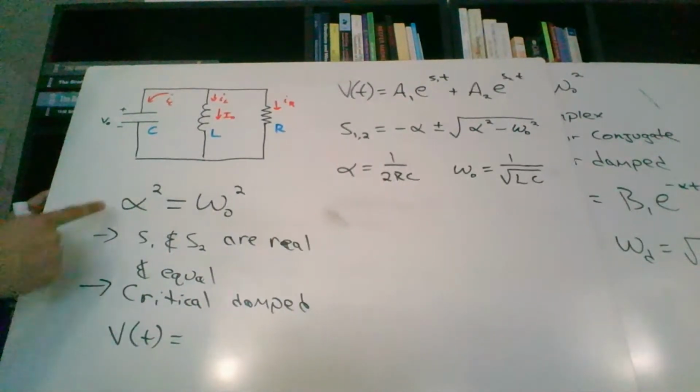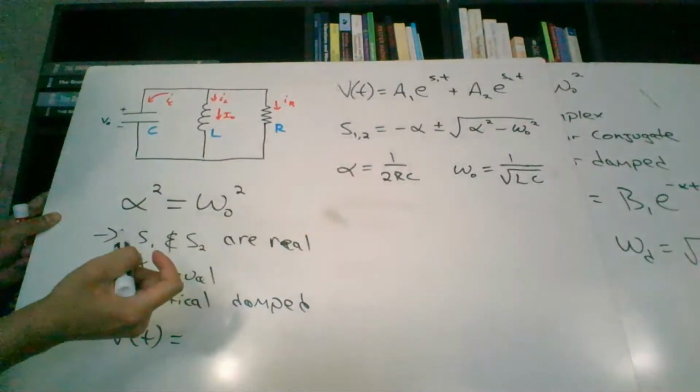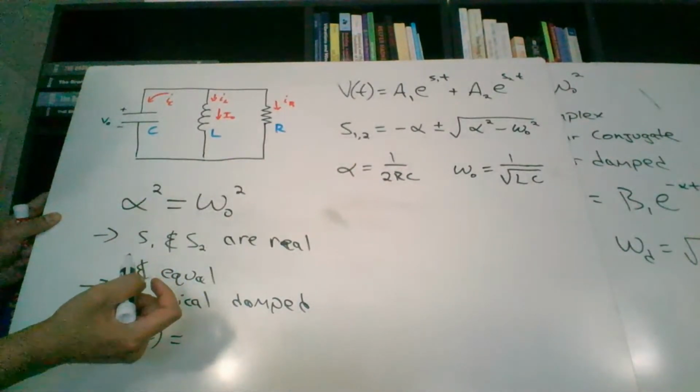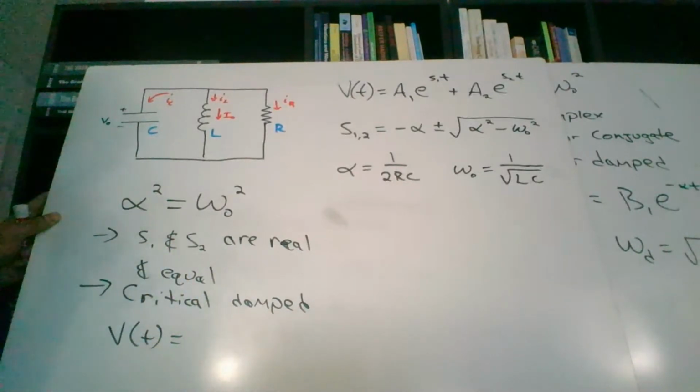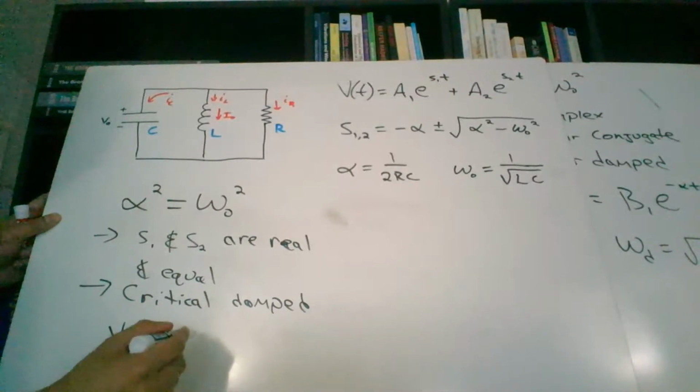Our solution for this situation is going to be, well, we used A, we used B. We could use C, but do I use C for something else? I forget. I'll use D. You could use C if you want to.